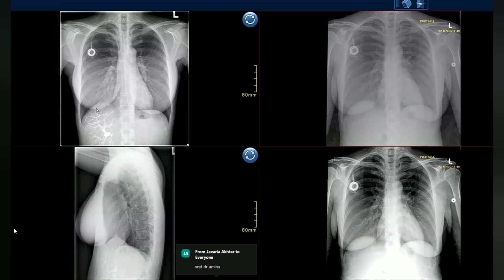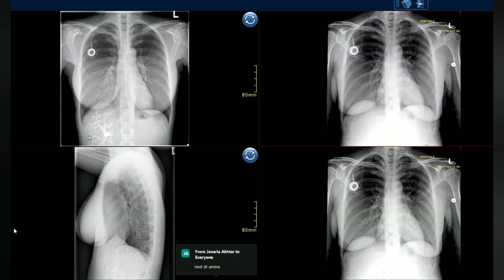No, what is this? Madam, I said previously that it may be any contrast in the biliary tree. Yeah. So what is the cause of this contrast in the biliary tree? I want you to find it on this image for me.